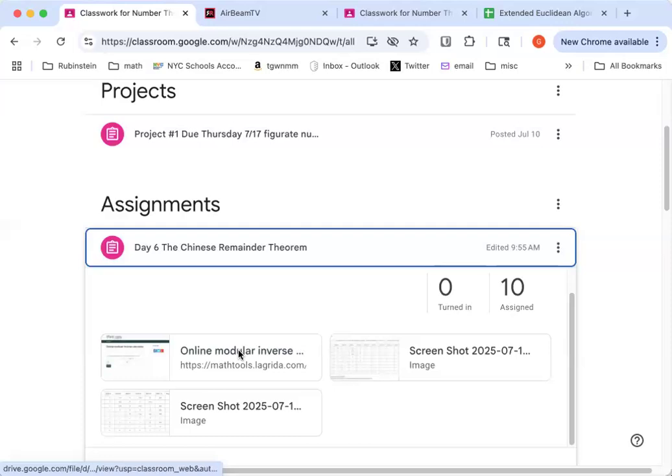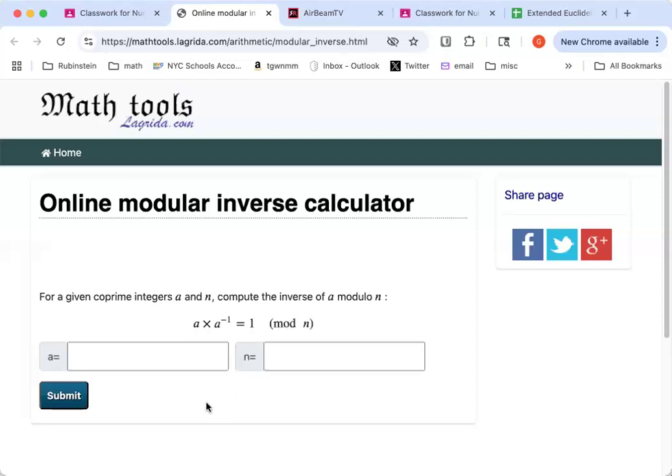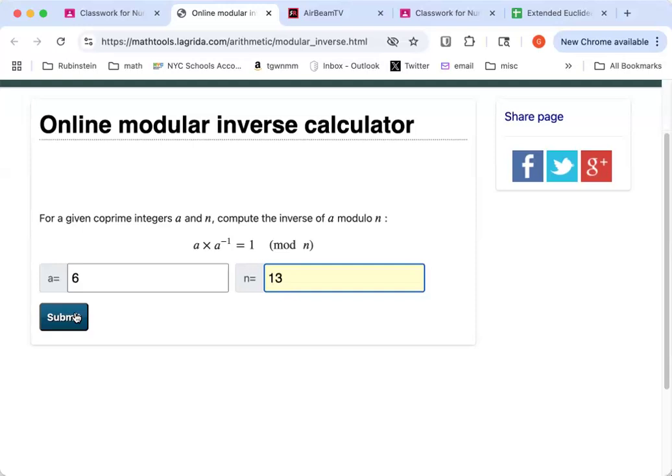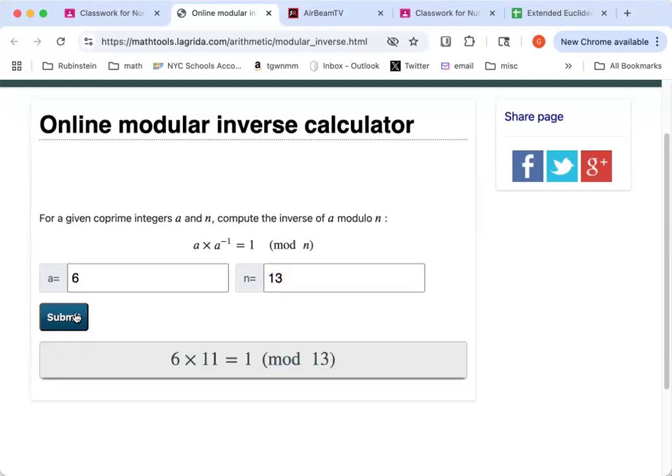I have provided this for you, because once we demonstrate that we know how to find the inverse, we don't actually have to keep doing it. So check it out. You give it coprime numbers a and n. So I just say 6 is the number and 13 is the mod. And I click submit and I hope it says 11, and it does.